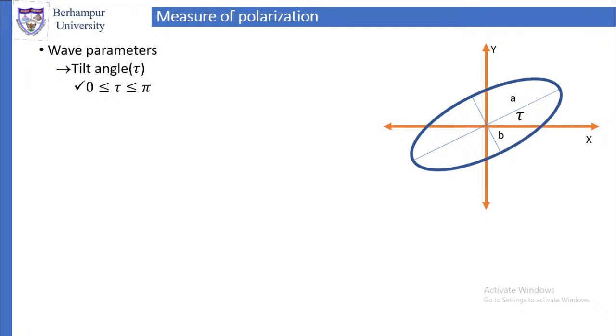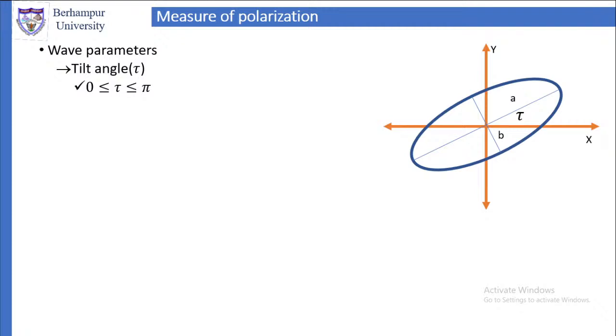Then if we increase it further, it keeps moving towards the x-axis again. So the semi-major axis goes from the x-axis to the y-axis, then back to the x-axis. There is no point in increasing it further, because it will simply repeat.